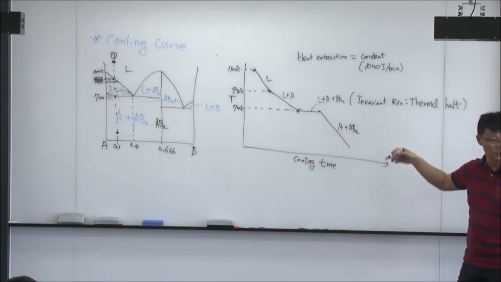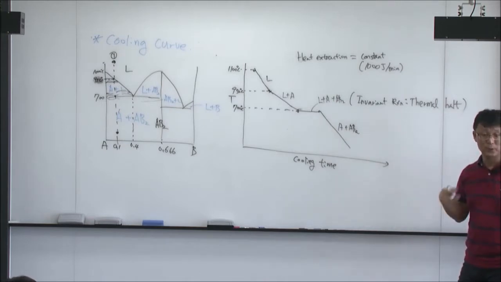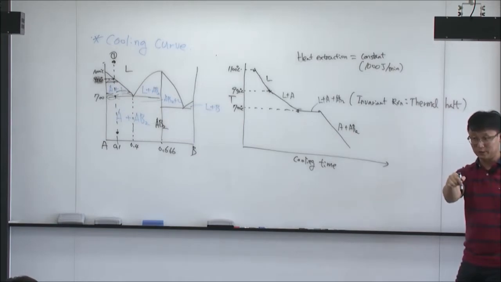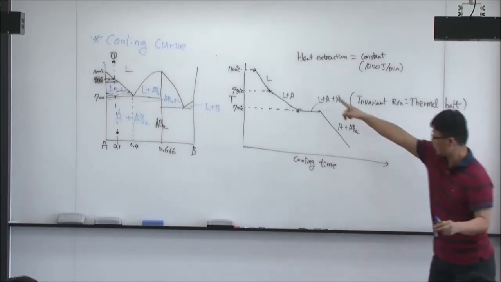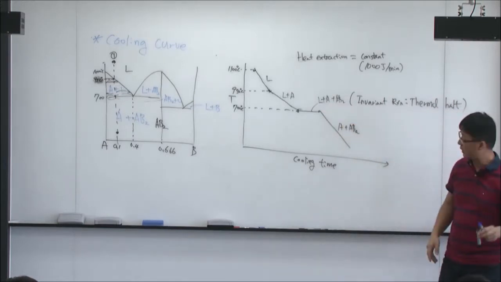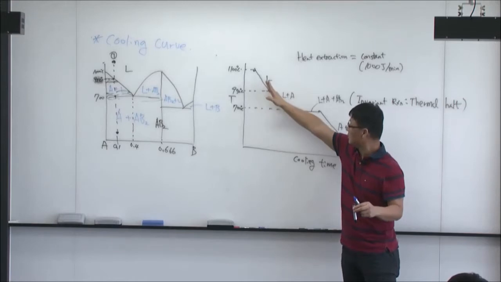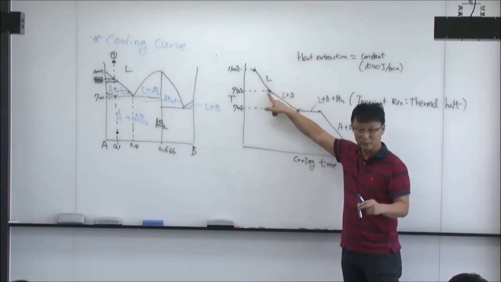By using this kind of cooling curve, people determined the phase diagram in the past. They took 1 kilogram of AB mixture at a given composition, put a thermocouple inside, cooled it down continuously, and monitored the temperature change. Then you see this kind of profile. First there's a change of slope, so some phase is forming.